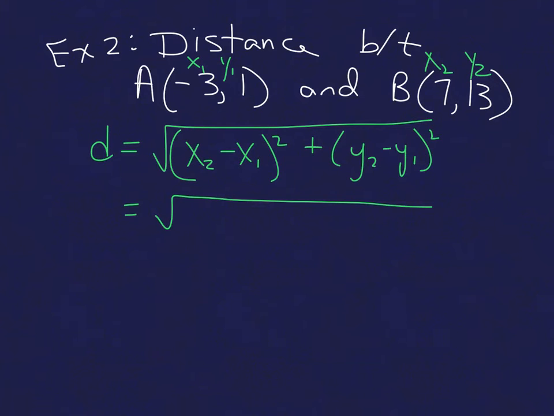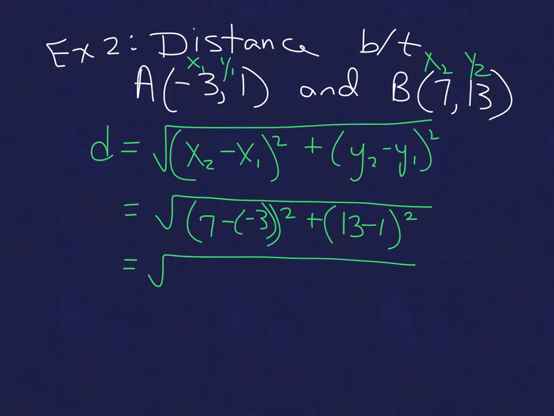Okay? So x2 minus x1. So this is 7 minus negative 3. Okay, I'm going to square that. And then y2 minus y1. So that will be 13 minus 1. Okay, so I'm just substituting the values in that we've already established. Okay, so let's talk this through right here. So 7 minus negative 3 squared. So 7 minus negative 3 is really 7 plus 3.